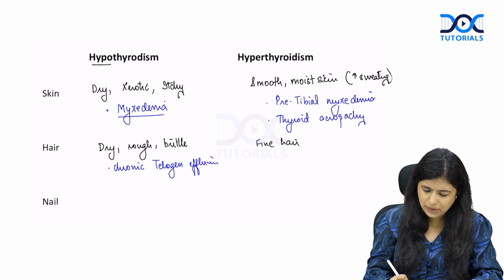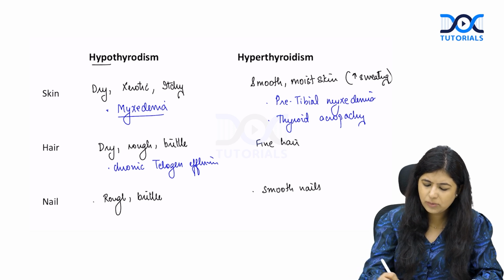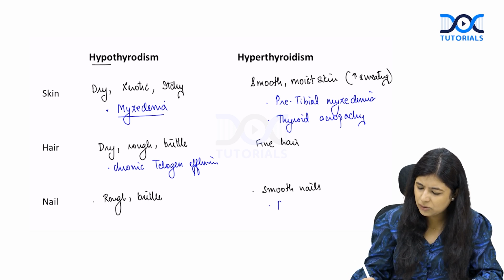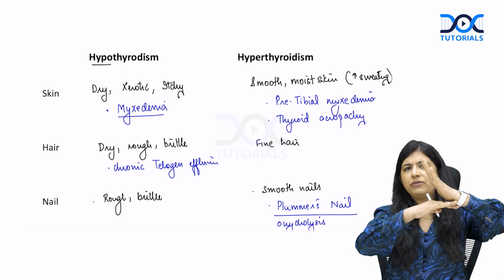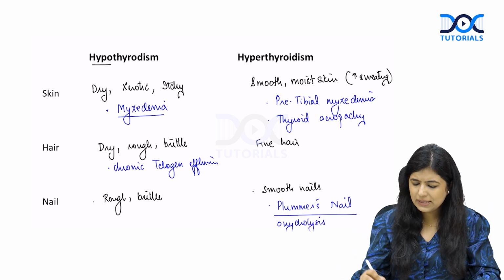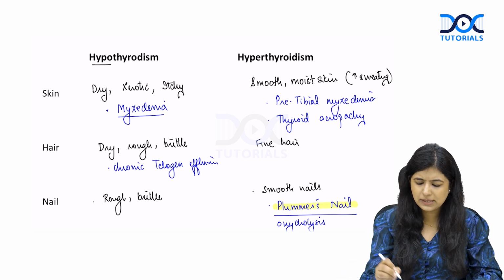The nails again become rough and brittle in hypothyroid patients, while in hyperthyroid patients, these are smooth nails. Now, there may also be another specific feature that is associated here. These are called as plumber's nails. That is onycholysis of the nails seen in hyperthyroid patients. So there is a separation of nail plate from the nail bed. When this happens in hyperthyroid patients, it is called as plumber's nails.